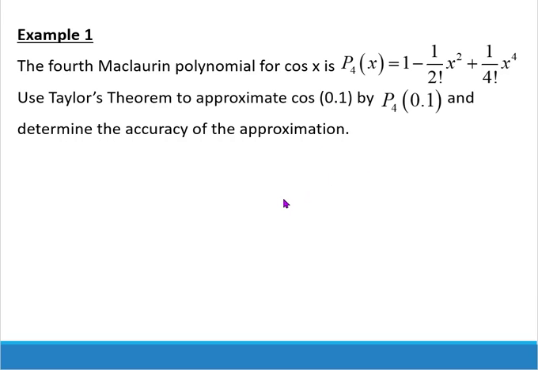We want to use Taylor's theorem to approximate cosine of 0.1 by using that polynomial and determine the accuracy of our approximation. So we know that cosine of x is approximated by this polynomial plus our remainder.